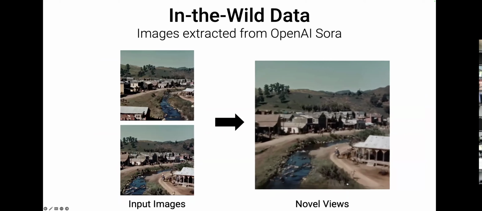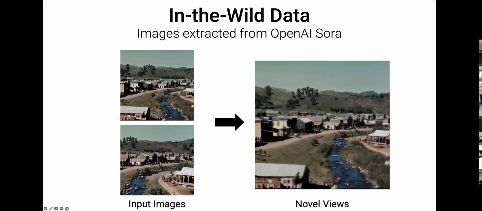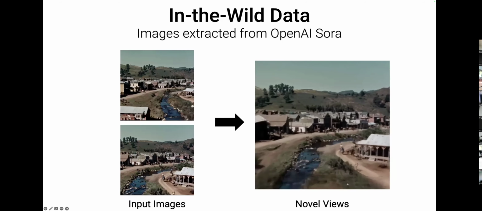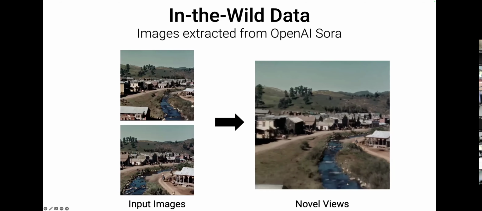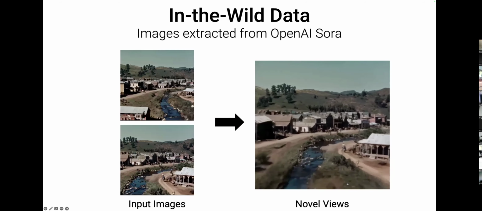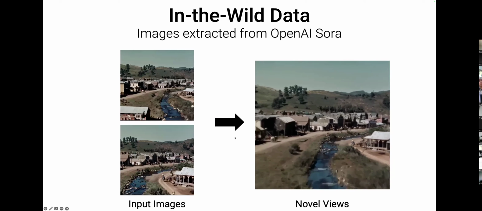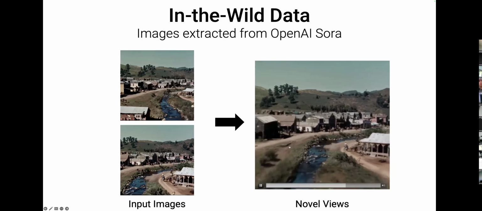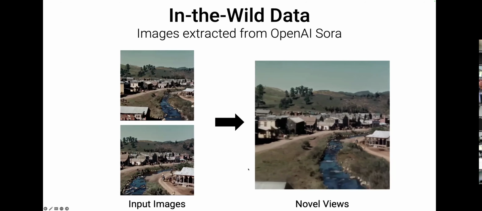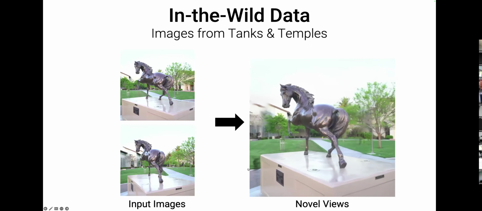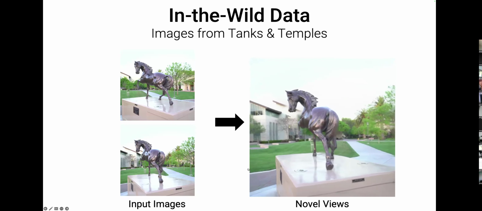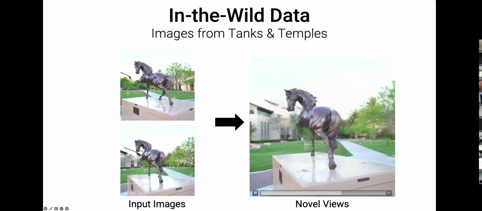And further to show this generalizability, we also show in-the-wild data, right? As you can see here, this image is from Sora, and we just pass it into our pipeline, and it looks good. This one is from text-to-image. Again, input these two images, and that's the rendering from the output.